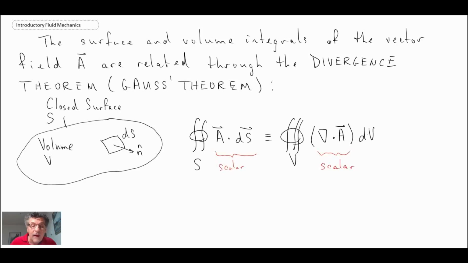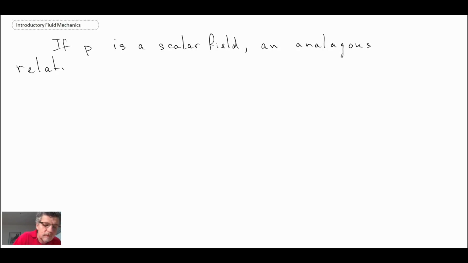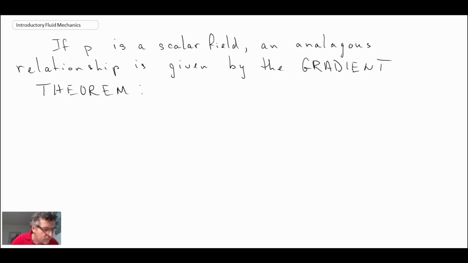The final thing that we're going to take a look at is referred to as the gradient theorem, and that relates a surface integral to a volume integral. That's if we're dealing with a scalar field to begin with instead of a vector field. In this case, on the left-hand side, we have an area integral, but it's an integral of our scalar over the differential area element dS.